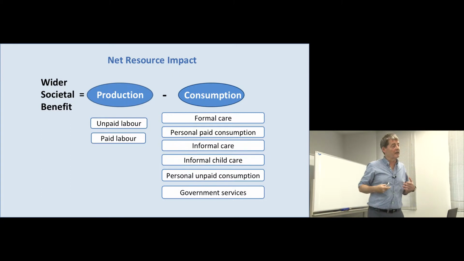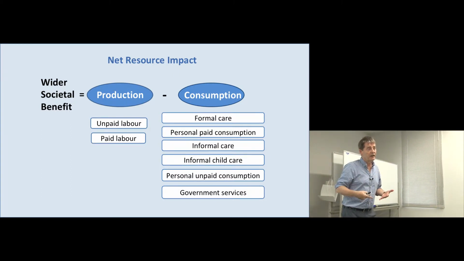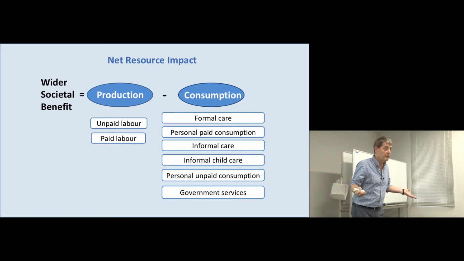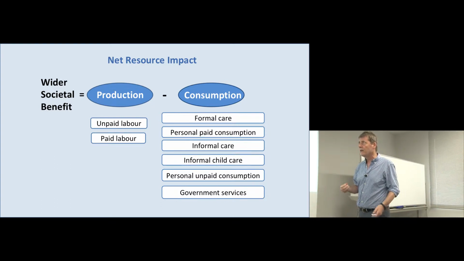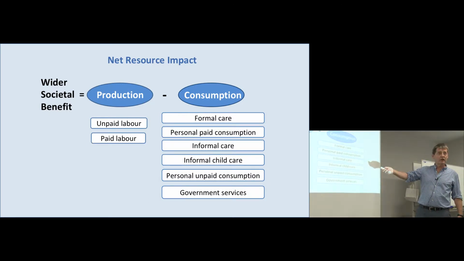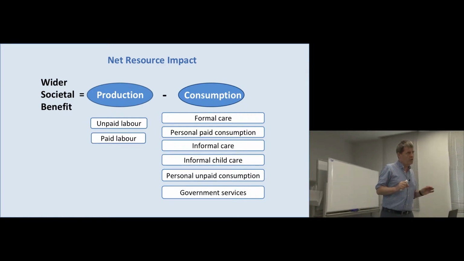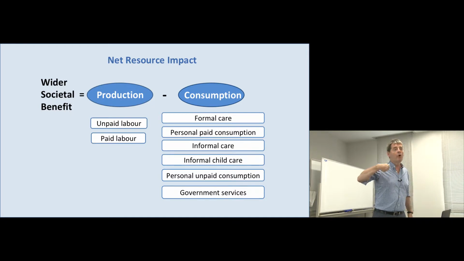So the idea is this: patients, if you don't intervene, will have a particular level of production. Maybe zero, of course. They're unable to work. If you intervene, you will change the expected production. Now, it's important here to stress that production is not being viewed narrowly as only paid labour.